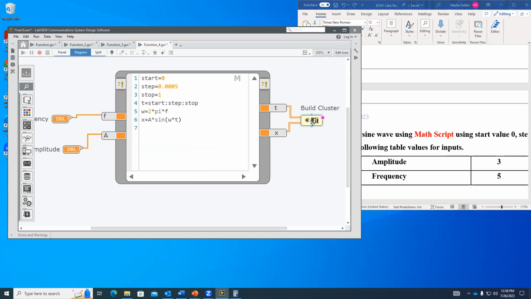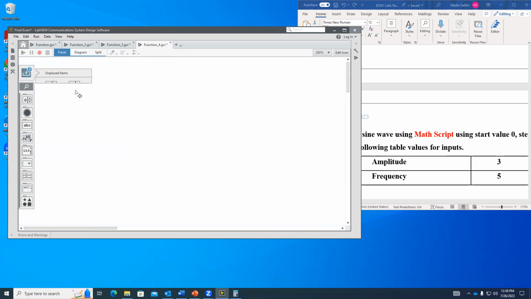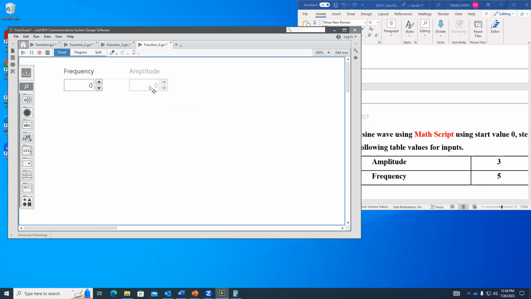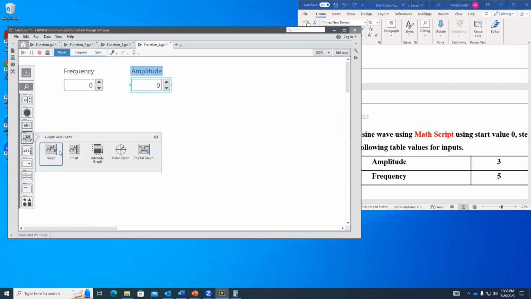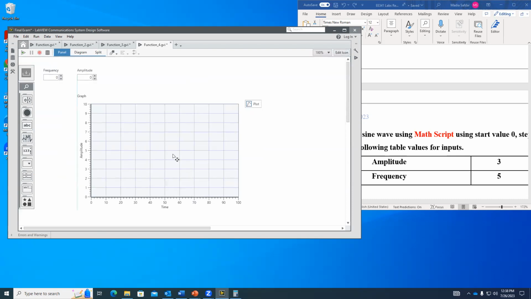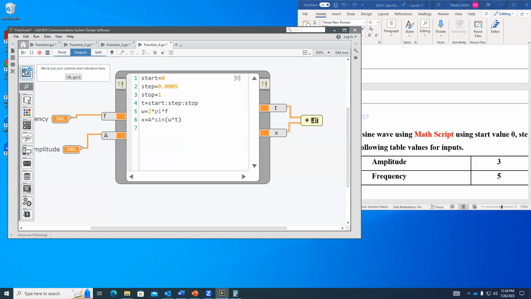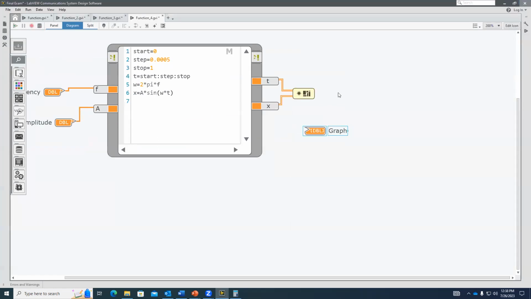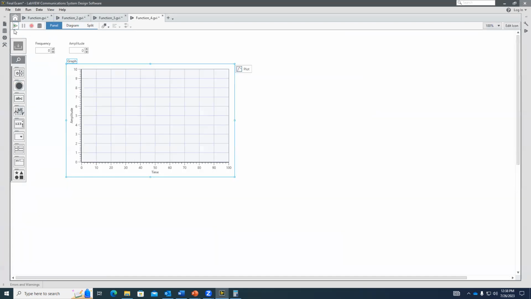Now you need to draw it. So you need graph, you go to the panel view, you bring your components here and you bring graph. Okay, now you go to the diagram and you bring graph here. You will connect it here. Now you go to the panel.